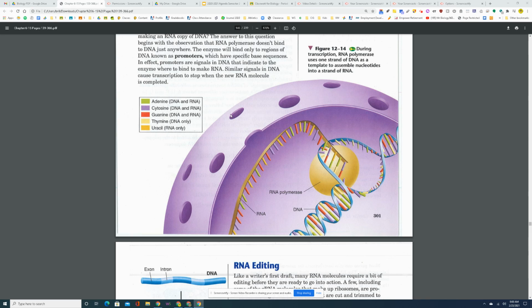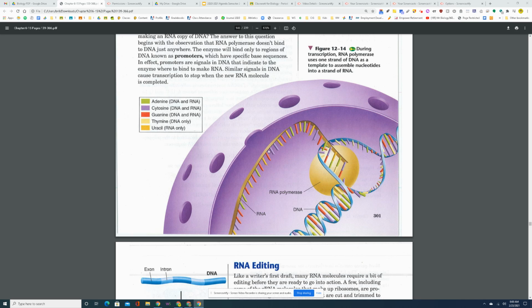So here, guys, we have a picture of the nucleus, and inside the nucleus, as we talked about, you have DNA. You have the enzyme RNA polymerase that binds, that means just connects, to one side of the DNA, and then it starts copying that segment that it's going through.